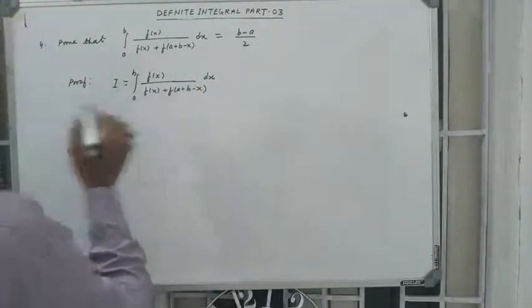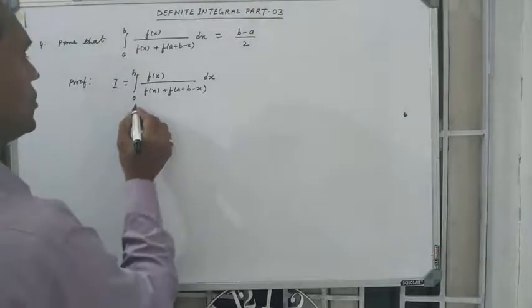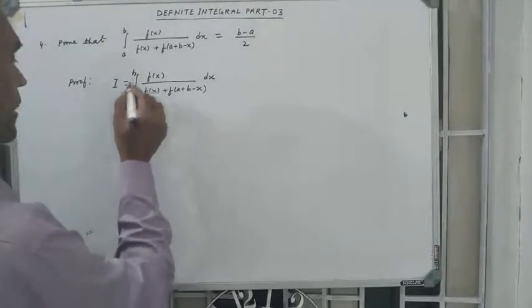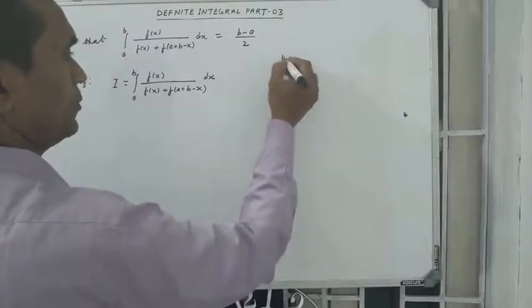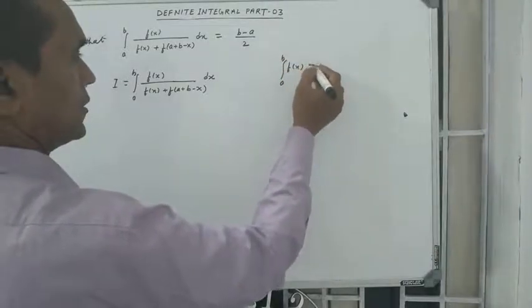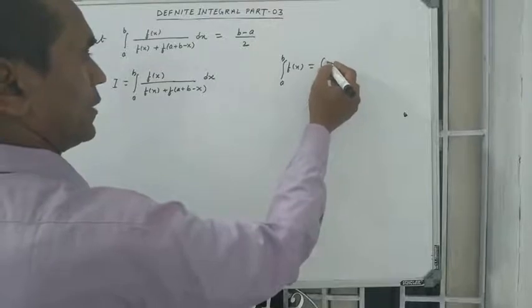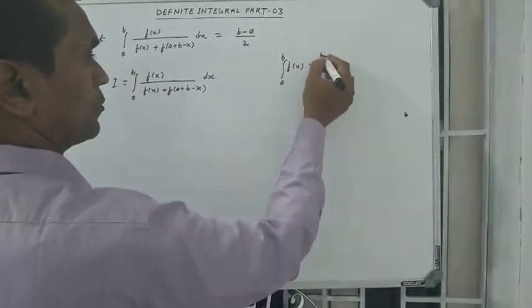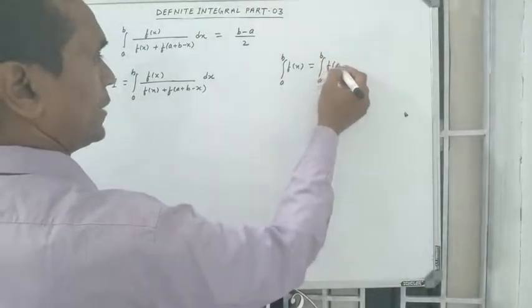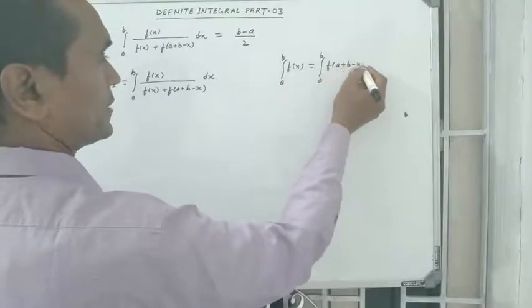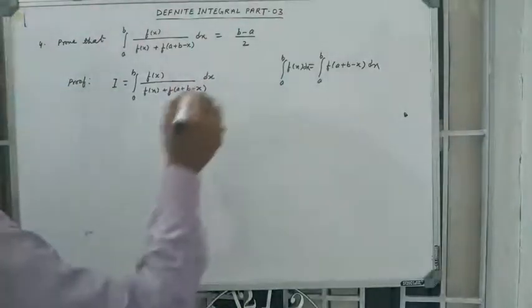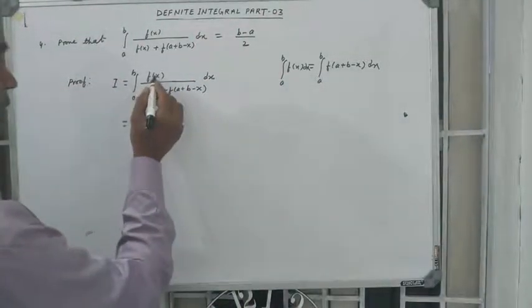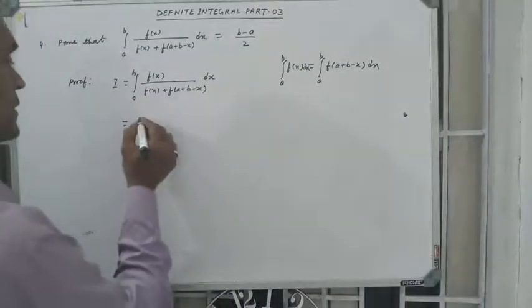Now we apply the properties here. With the help of this property, the integral from a to b of f(x) equals the integral from a to b of f(a plus b minus x) dx, so we can replace x by a plus b minus x.